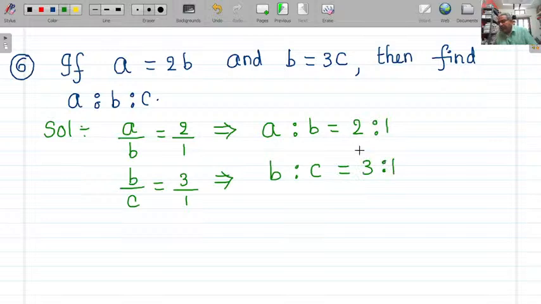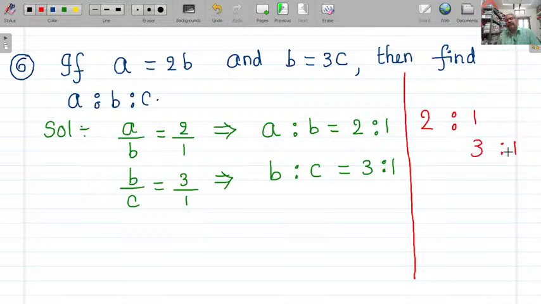Now apply the shortcut. What is the super shortcut we have to find A is to B is to C? Here 2 is to 1 write down. Below here 3 is to 1 write down. Next what shall we do? So multiply like this, 2 into 3 and 1 into 3 and 1 into 1. So therefore A is to B is to C equals to, what do you get? 2 into 3, clear?